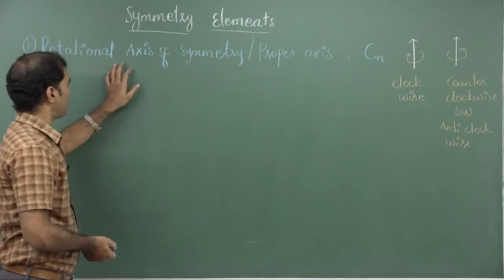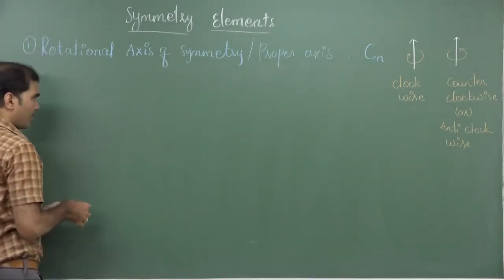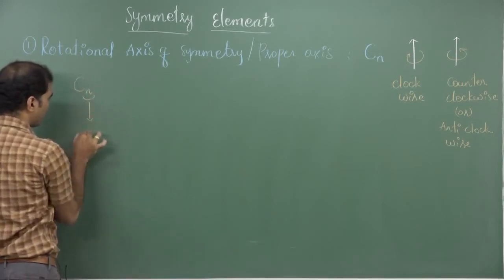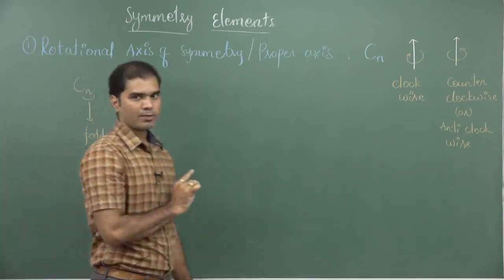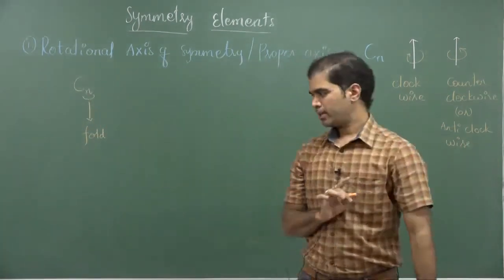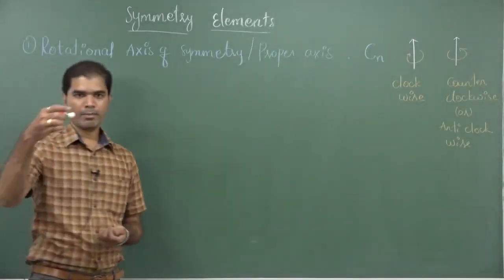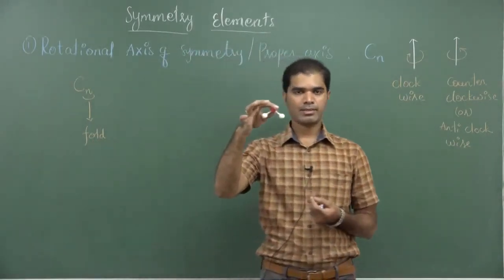Right. Coming to the rotational axis of symmetry, or proper axis, we have indicated it by Cn, and what exactly is N? We refer to it as fold. What does this fold mean? Imagine that I am taking a molecule and I have passed a rotational axis.